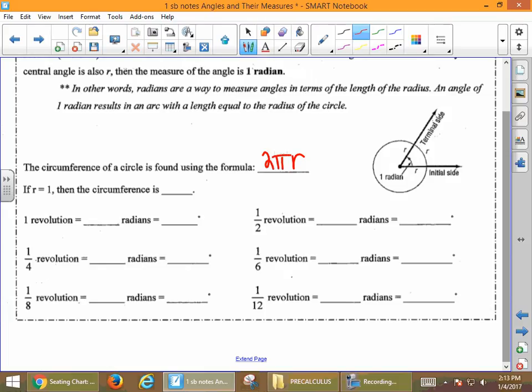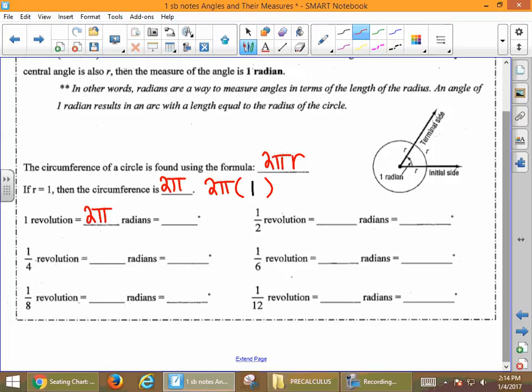If r is 1, then what happens is we do 2 pi times 1. Then the circumference of the circle is 2 pi. In other words, then, 1 revolution is 2 pi radians.